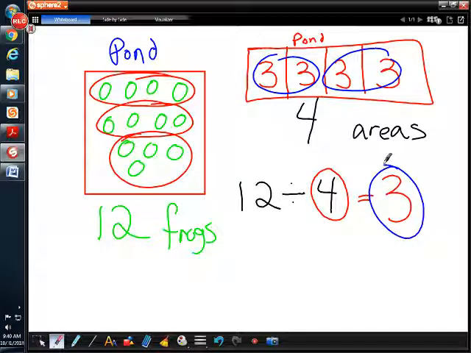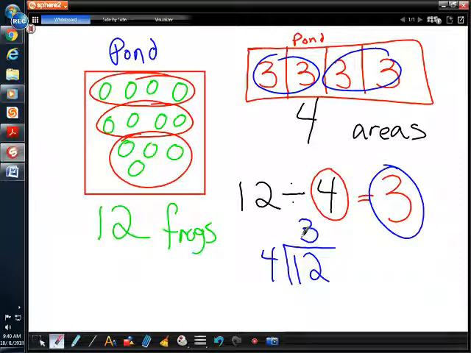Okay? Another way you'll see this sometimes is 12 divided by 4, and the answer is 3. And don't forget, too, that you can also use multiplication to solve these. If you know your multiples of 4, I would have known that 4 times 3 makes my 12.